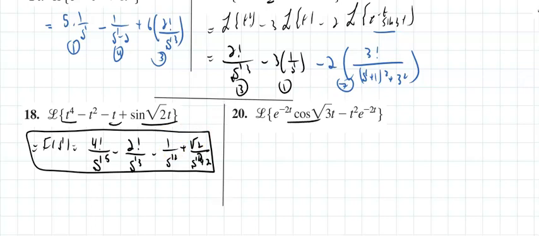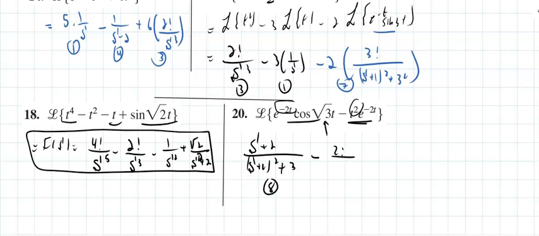Laplace applied on the cosine. Well, this one is going to be, let's see, shifted by s plus 2. That's going to be s plus 2 over s plus 2 squared plus, what do you square to get that? Well, that's a 3, and that is by 8, minus 2 factorial over s plus 2, and that will be cubed.